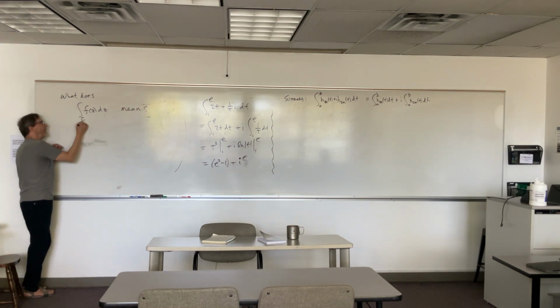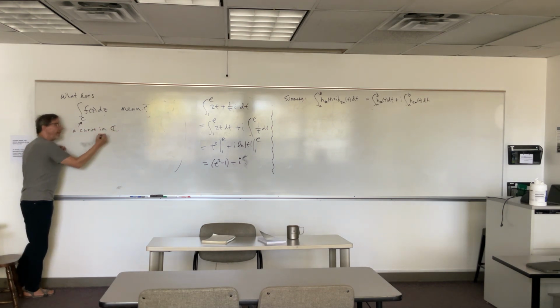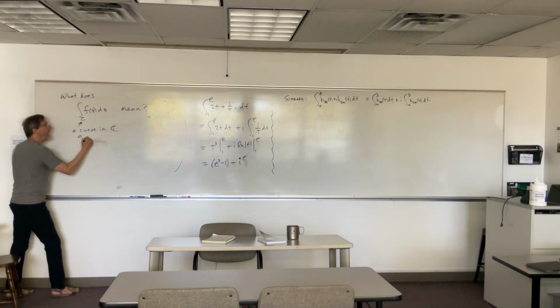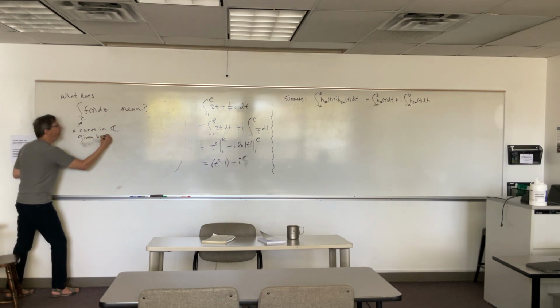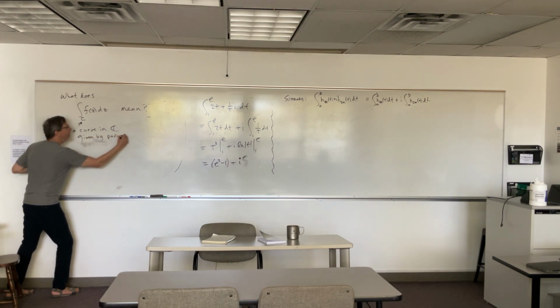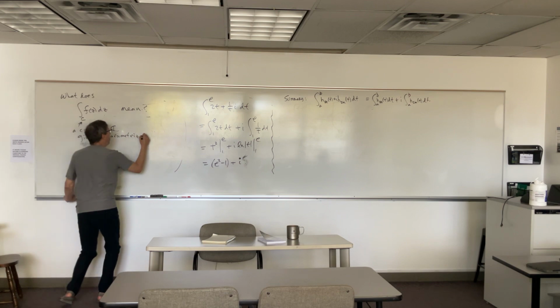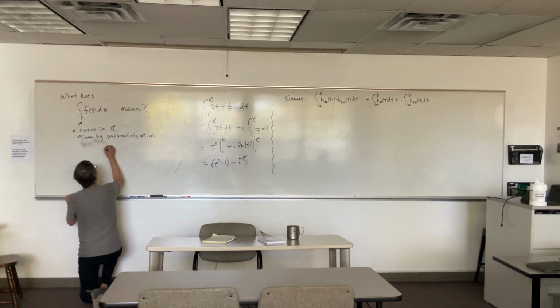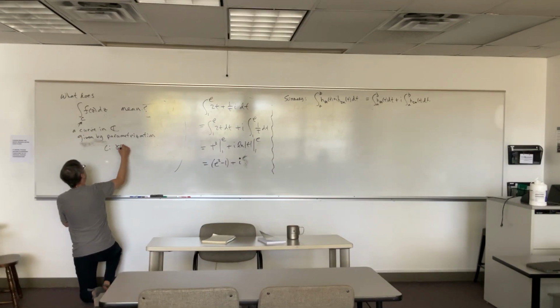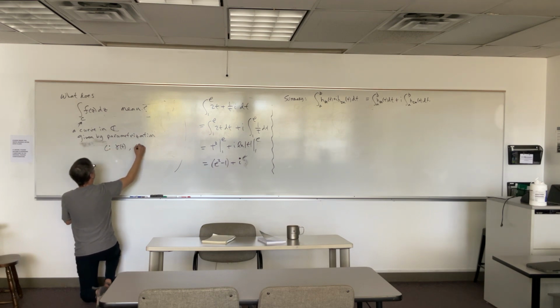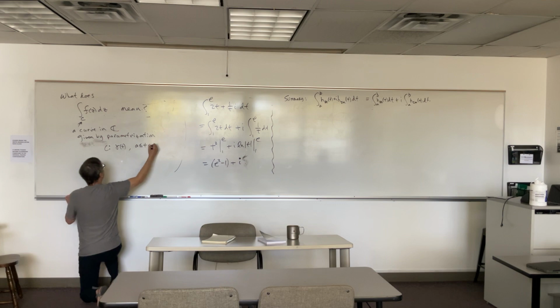So this c is a curve in the complex plane, and it has to be given by some parameterization. So the parameterization I'm just going to assume is that c is given by gamma of t, where t goes from a to b.